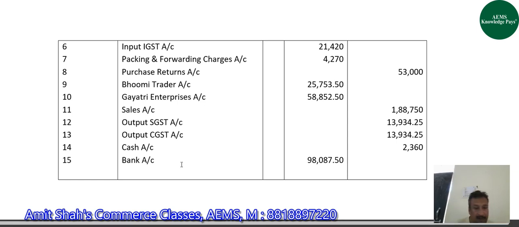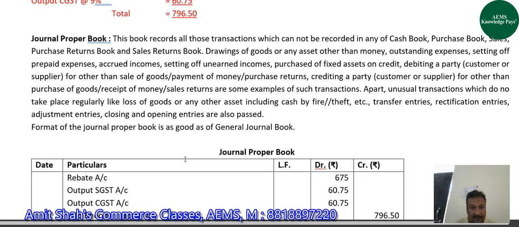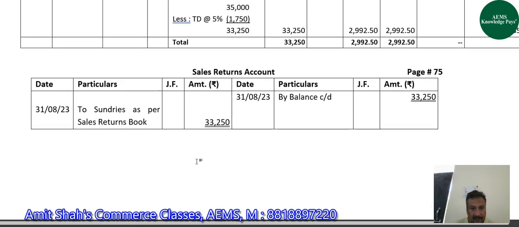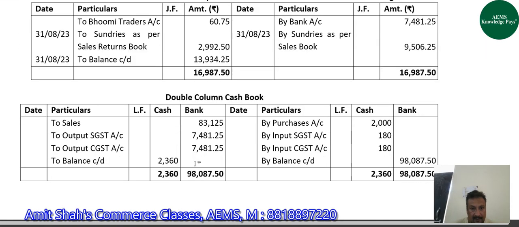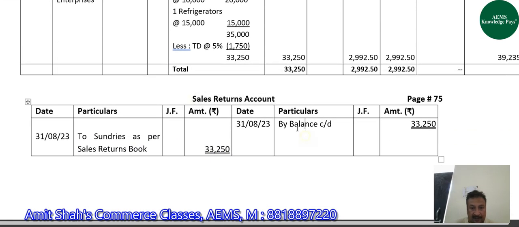Got this, guys? And then we have sales return account which has a debit balance of 33,250. This one.